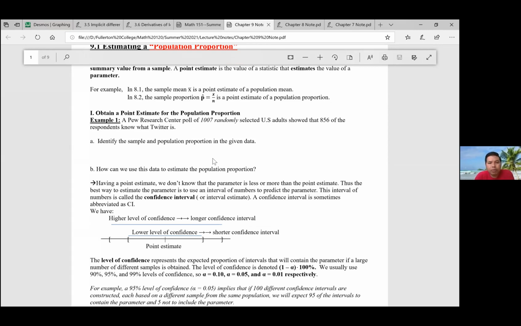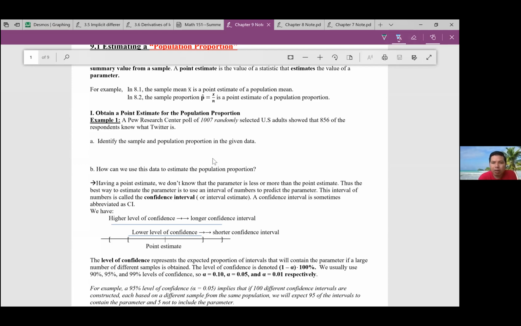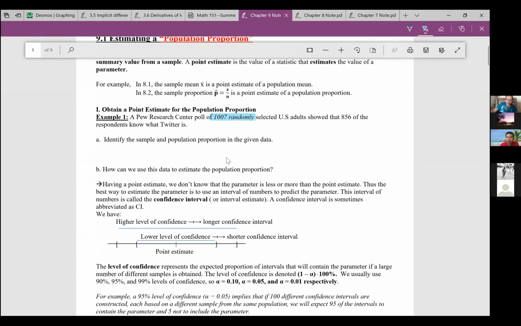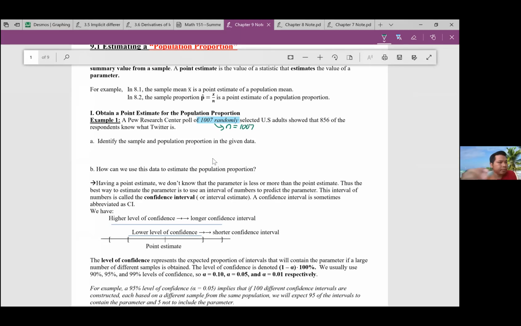A Pew Research Center poll of 1,007 randomly selected U.S. adults shows that 856 of the respondents know what Twitter is. You can see they collected 1,007 randomly selected adults, so that is the sample size, which is 1,007.